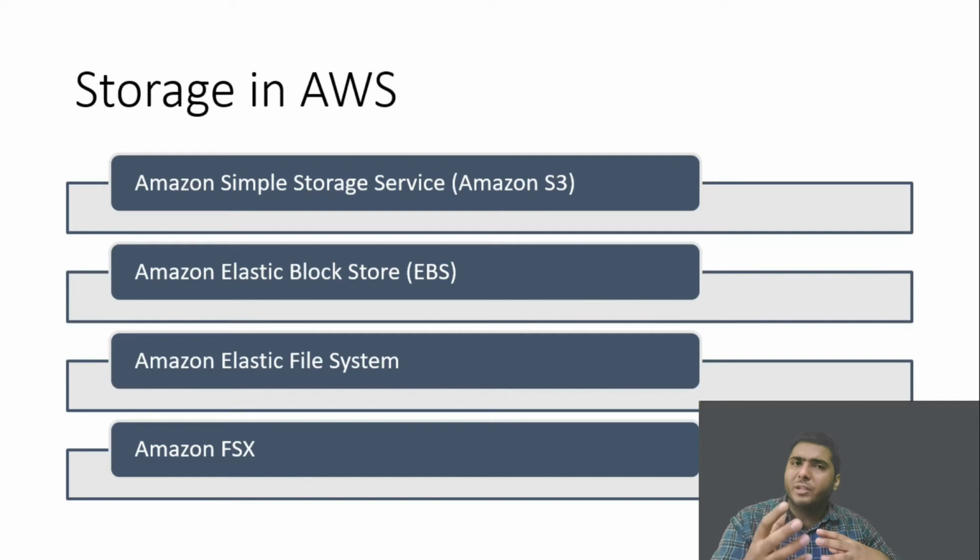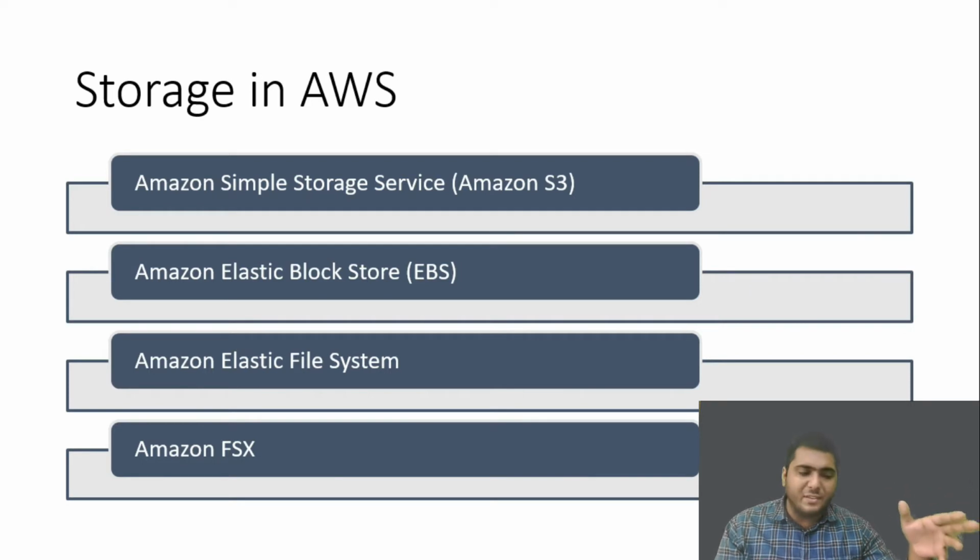One example from other cloud vendors is OneDrive, which is also an example of cloud storage. S3 is equivalent to that. Then we have Amazon Elastic Block Store. This is the service you use once you create a virtual machine and want to attach some extra storage to it.